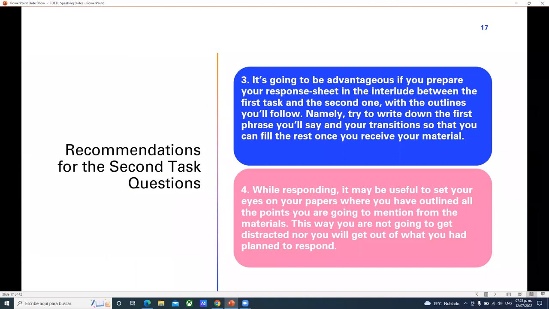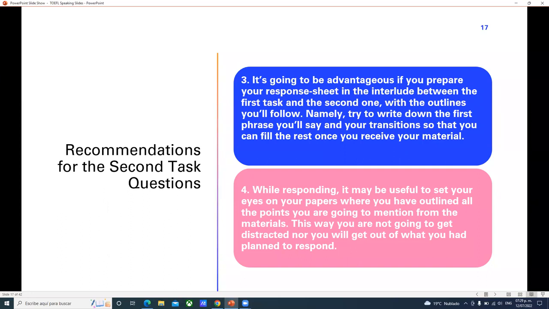Also, while responding, it may be useful to set your eyes on your paper where you have outlined all the points you are going to mention from the materials. This way, you're not going to get distracted, nor will you get off what you had planned to respond. I am going to comment on what happened in my experience.